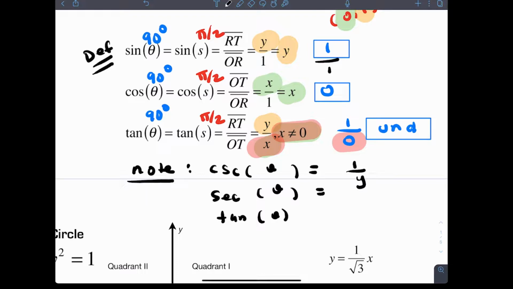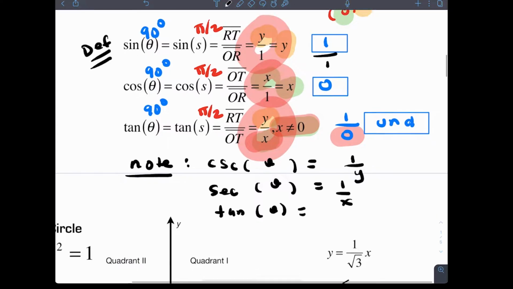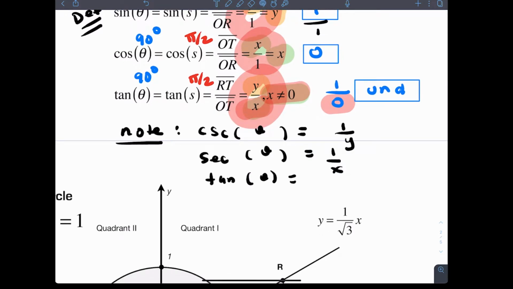One over y, because isn't that ratio y over 1? So what's the reciprocal of y over 1? 1 over y. Good. What's the reciprocal of x over 1? That's right. What's the reciprocal of y over x? That's right. So we could define these here for you guys.